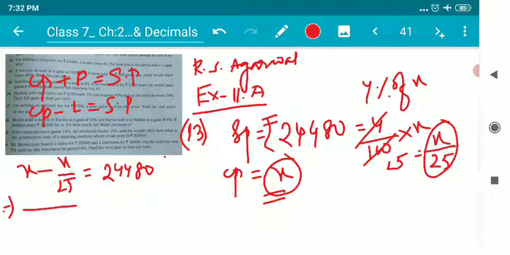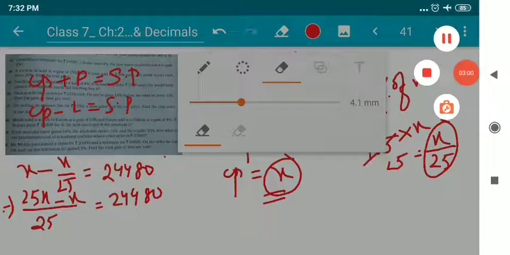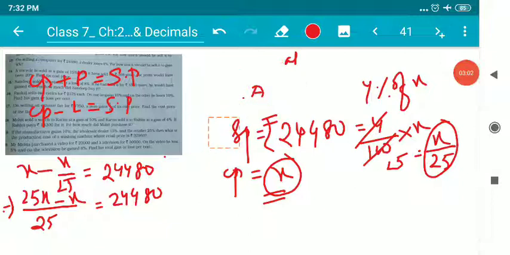So now, in the calculation, 25 into X will be 25X minus X by 25 gone. Here X equal to 24,480. All right, I got no space, so I'm clearing this part a bit.